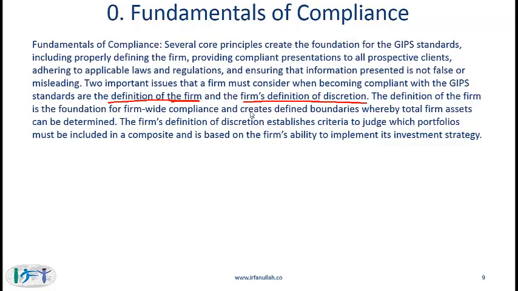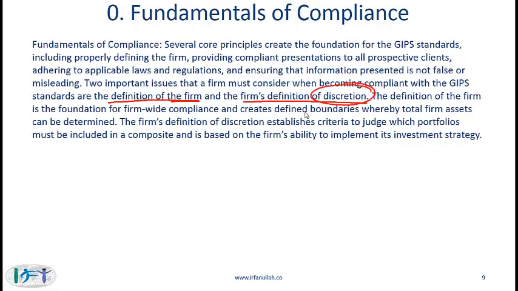The definition of the firm is the foundation for firm-wide compliance and creates defined boundaries whereby total firm assets can be determined. The firm's definition of discretion establishes criteria to judge which portfolios must be included in a composite and is based on the firm's ability to implement its investment strategy.